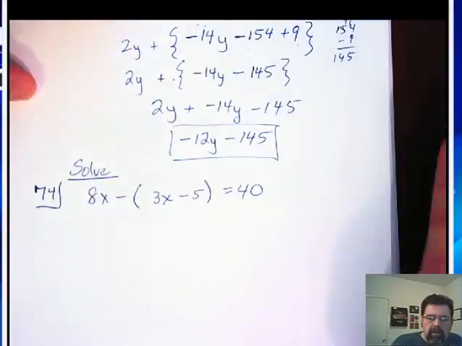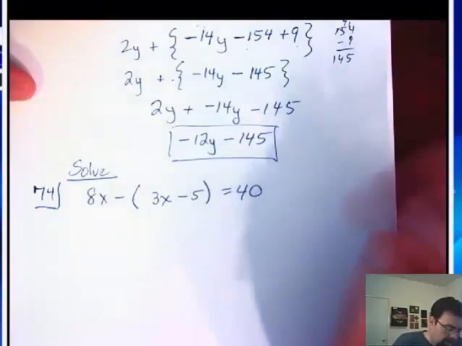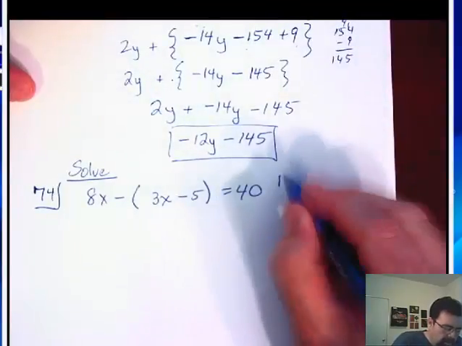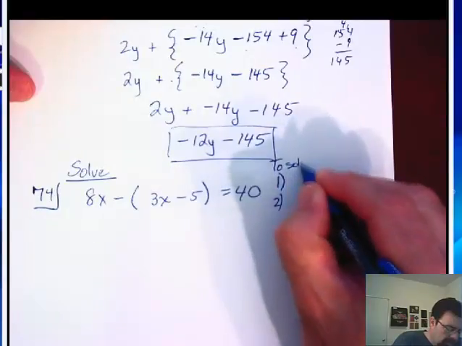Alright, so basically when I'm solving linear equations in one variable, I kind of think of it as 4 distinct steps, or 4 major goals.